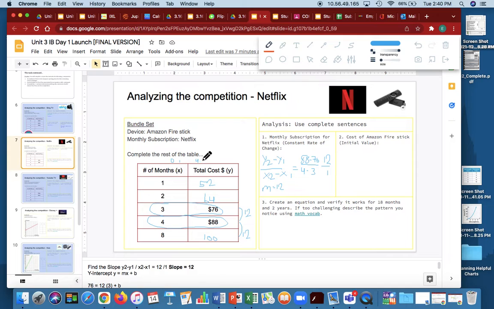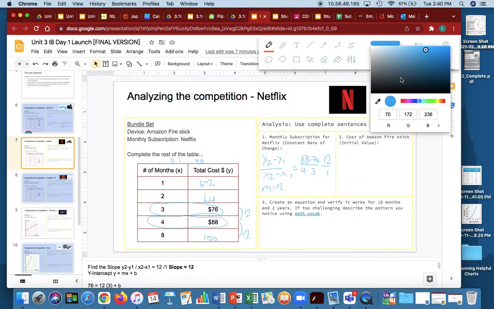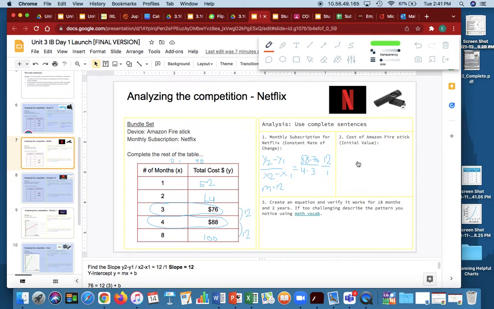I can either do it that way to figure out my initial value, or I can plug it in using my equation. That's too light. Using my equation of y is equal to mx plus b, where I then need to choose a point. So let's go with the first one.